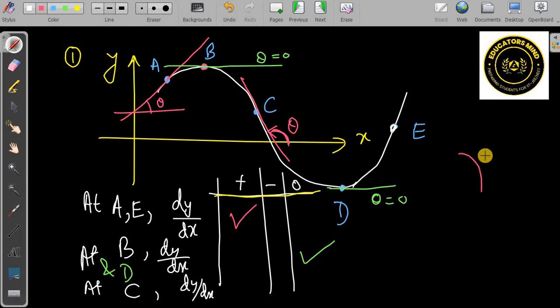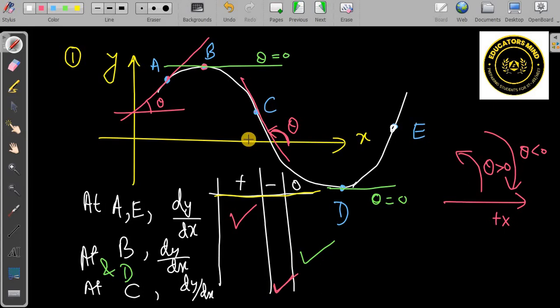Otherwise, when you go clockwise, theta is considered negative. So we are going anti-clockwise from the positive x-axis. So here you can see theta is going to be obtuse. Because of that, tan theta will be negative. So the slope at point C will be negative.